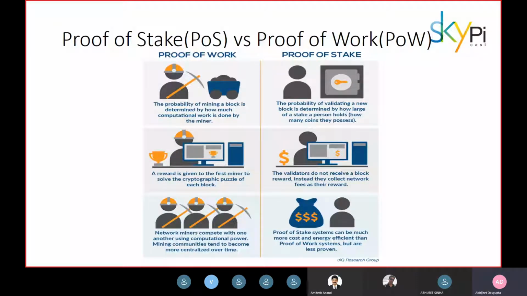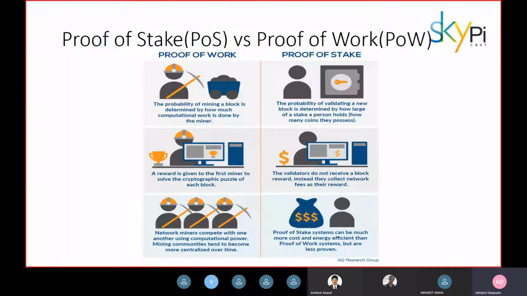To explain once more: in proof of work, the more work a miner puts in, the higher the probability of mining a block. But in proof of stake, anyone who has a higher stake, in terms of the number or age of coins they possess, has more say in validating transactions.